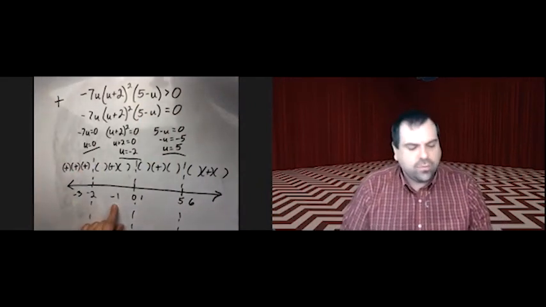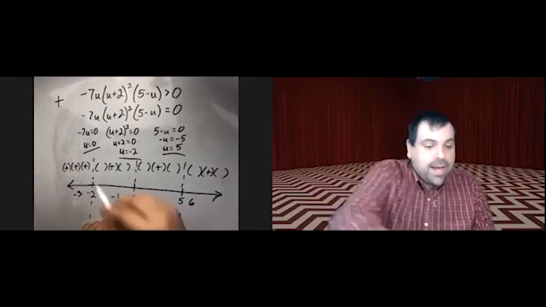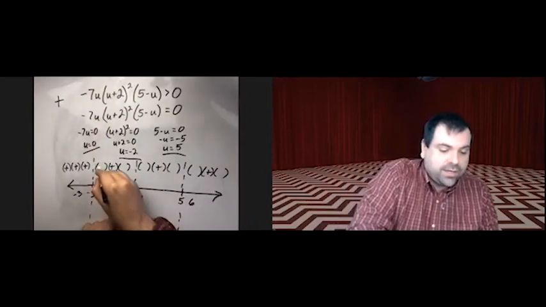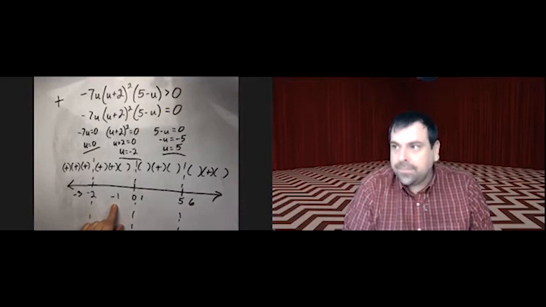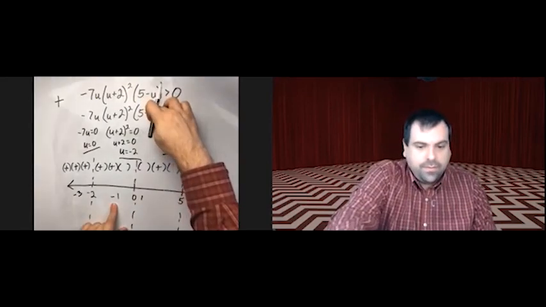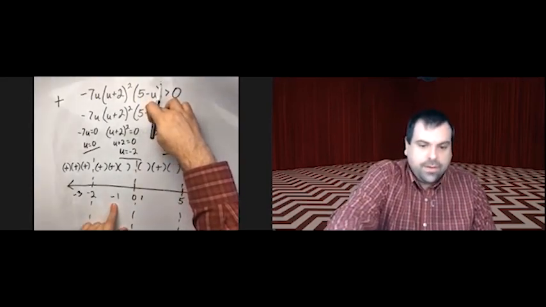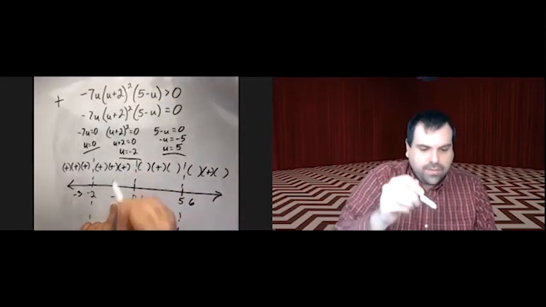Let's move over to negative 1. Negative 7 times negative 1 is positive. 5 minus negative 1 is 5 plus 1, which is positive.